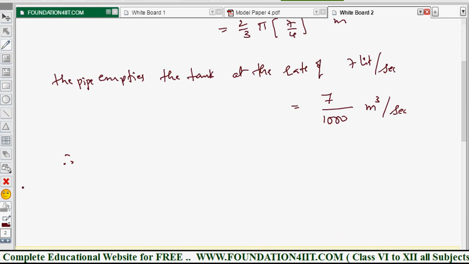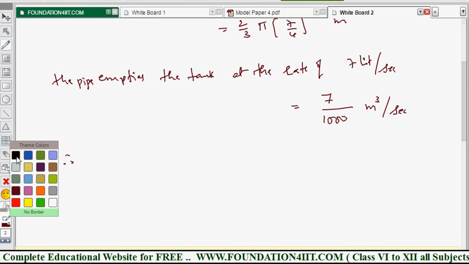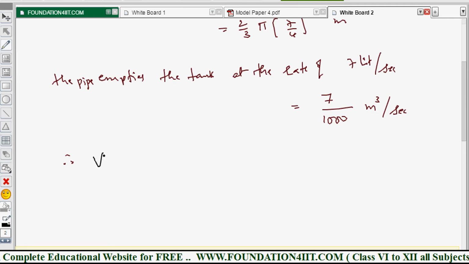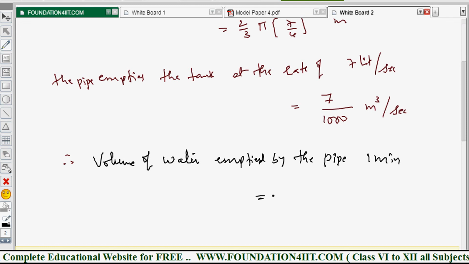Therefore, according to the given, you should take this step. So the volume of the water emptied by the pipe is actually 7 by 1000 cubic meters per second. But in 1 minute, 1 minute is 60 seconds. That is 7 by 1000 into 60 cubic meters.